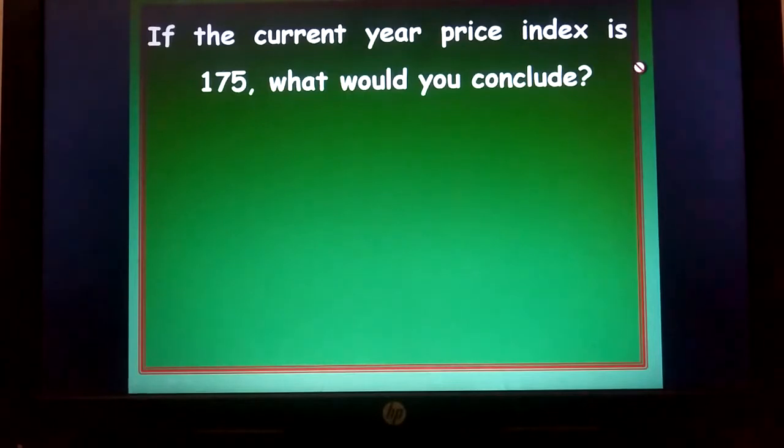In the previous slide we came across that for the base year the index number is always 100 or 100%. Now as compared to that base year 100%, whether it is increased or decreased, 175 means it is increased over 100.